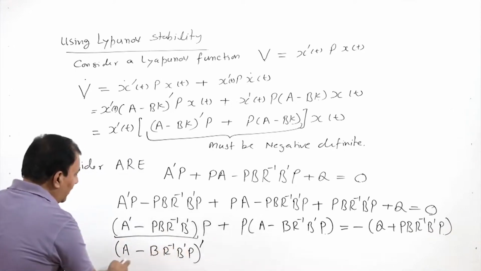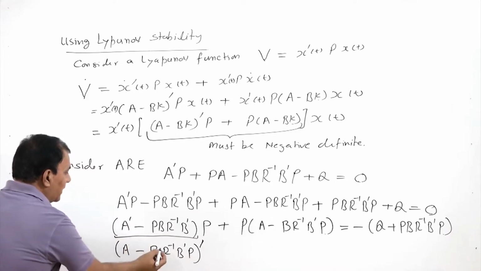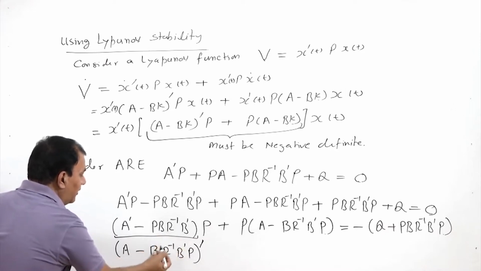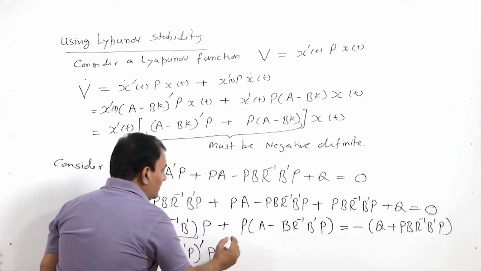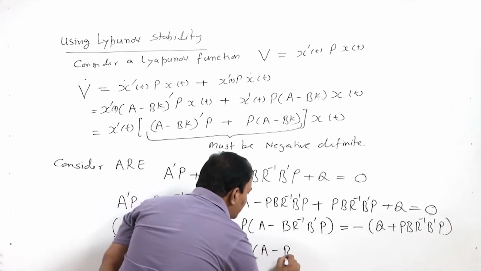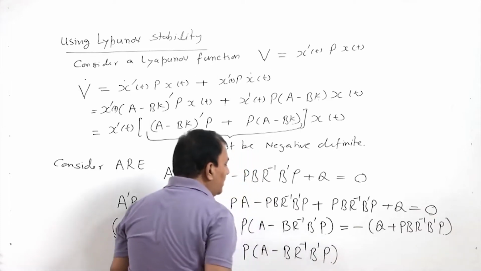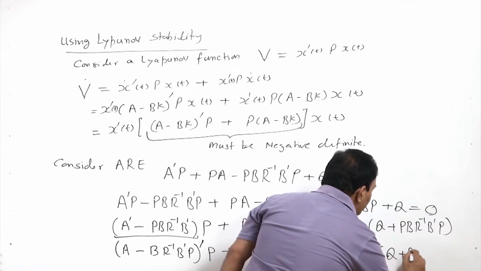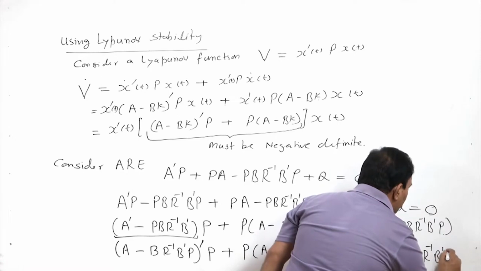So, if I will take the transpose of this, I will get A transpose, then P B R inverse B prime and P here, plus this I kept the same, P A minus B R inverse B prime P equal to minus Q plus P B R inverse B prime P.